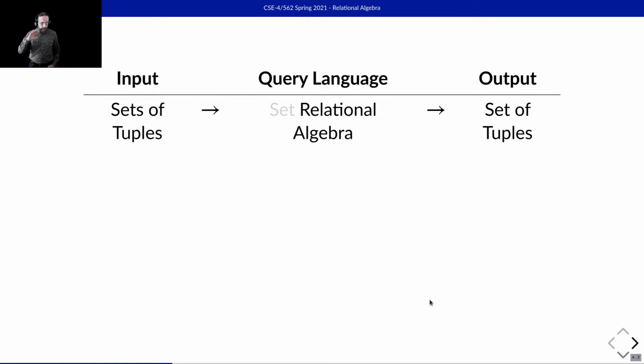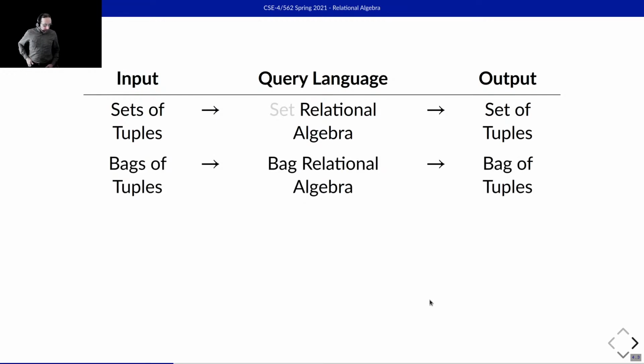If I ever use just relational algebra, and I'm not talking about all three of these classes, then please yell at me. If we're working with bags, similarly, if the input is a bag and I expect to see a bag as an output, we're talking about bag relational algebra. Anyone want to take a guess at what the third of these is?